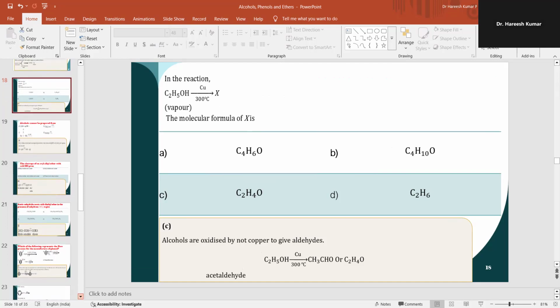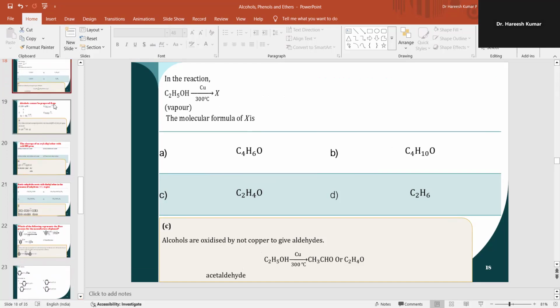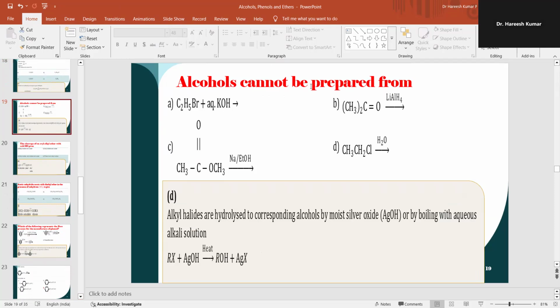Let's take one more question. Alcohols cannot be prepared from option D. Why? Because methyl chloride on reaction with water will not give you alcohol. This is the right answer, because in all other options alcohols are prepared.